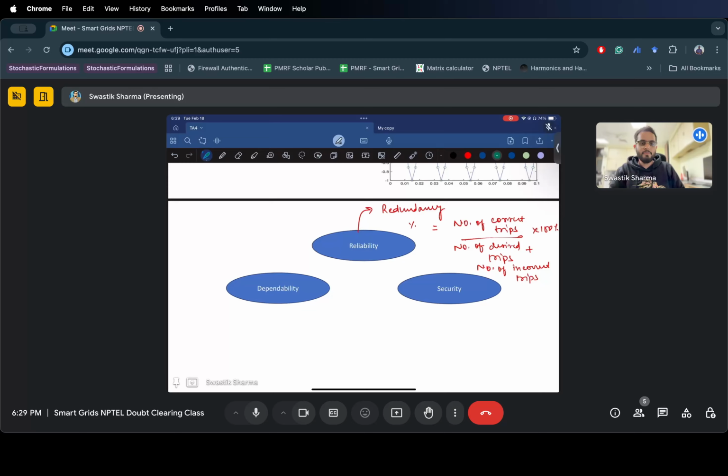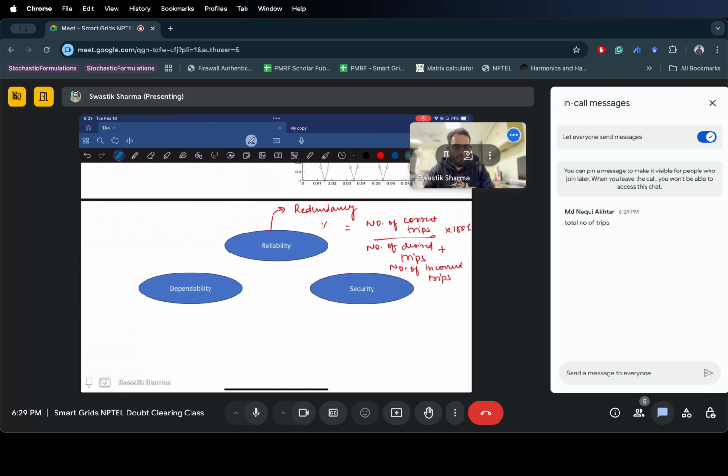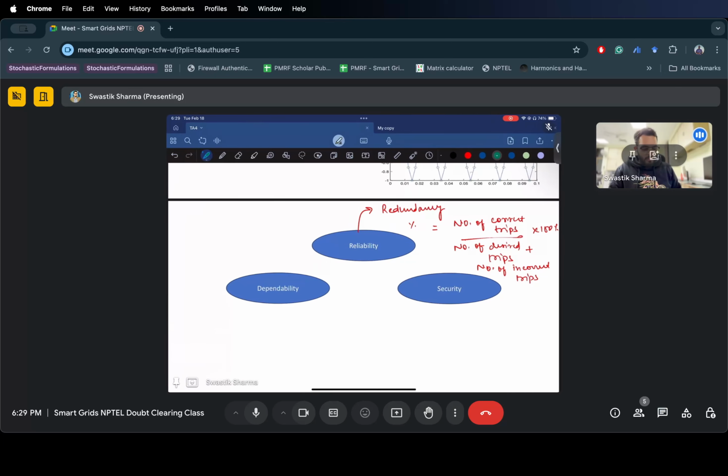Your reliability is used to measure what were the correct trips for the total of desired plus incorrect trips that it took. Desired plus incorrect is the total number of trips that it has taken.